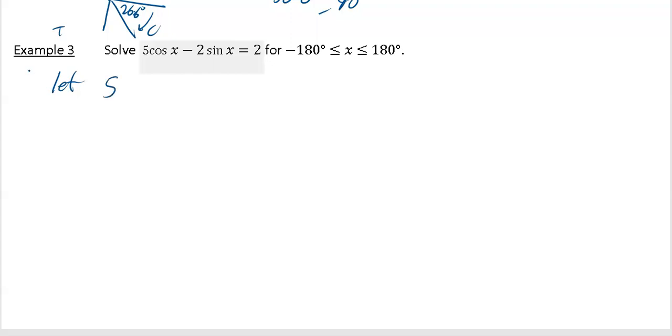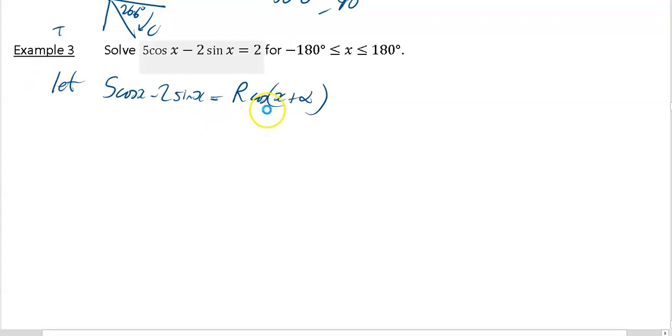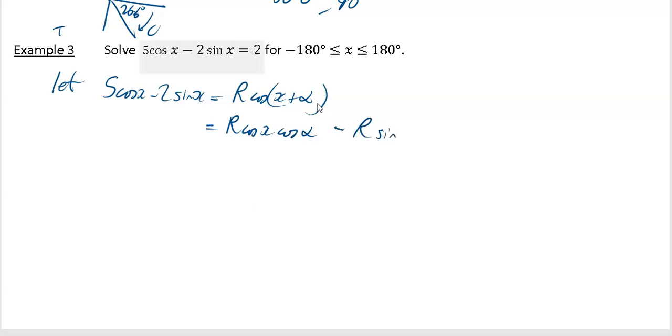But in this one, I'm going to let my 5 cos x minus 2 sin x equal r cos(x plus alpha). Now, the reason I've done that is if you expand the cos(x plus alpha), well, let's just do it and find out. You're going to have r cos x cos alpha minus r sin x sin alpha.